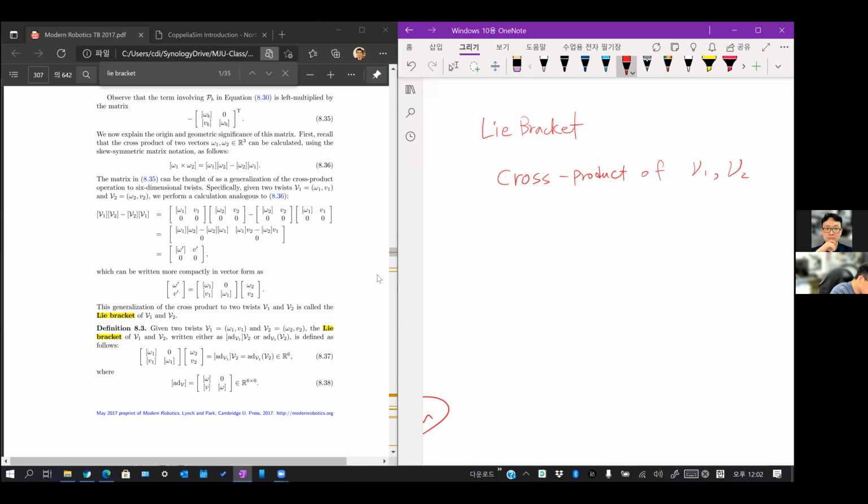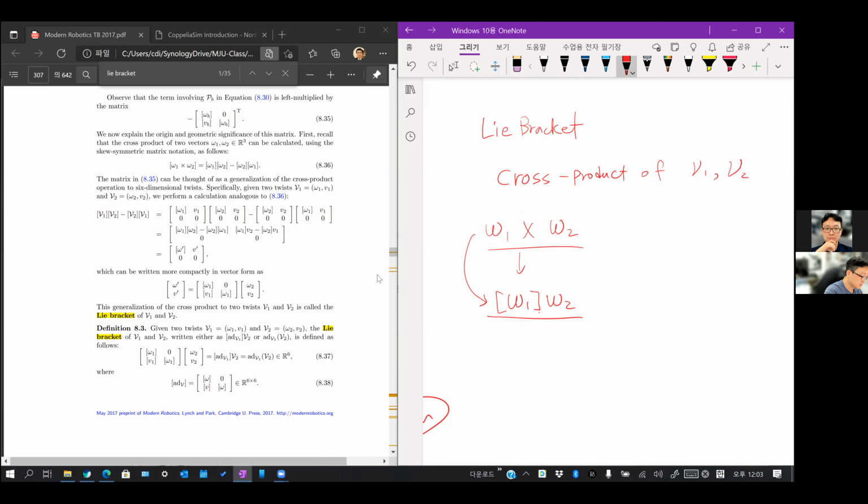Actually, for the angular velocity, if we calculate the cross product of angular velocity, we can substitute it as a skew-symmetric matrix. So this cross product calculation becomes just a matrix multiplying a vector using the skew-symmetric matrix.